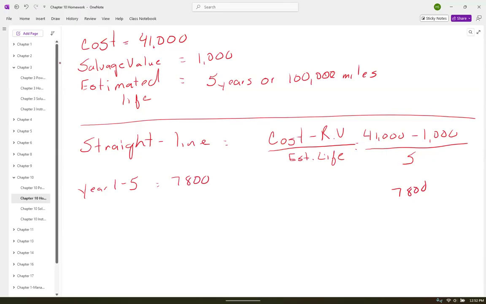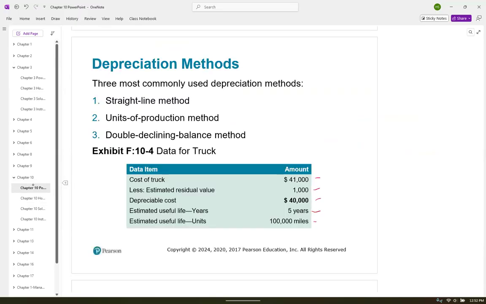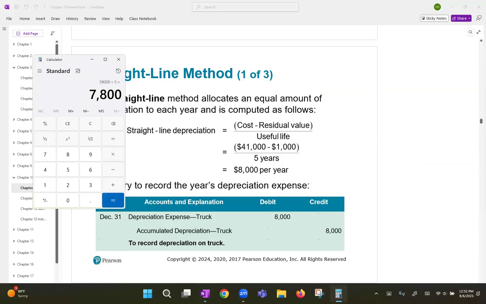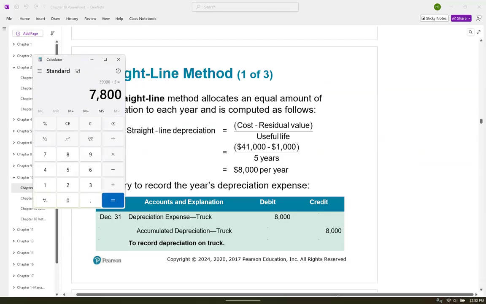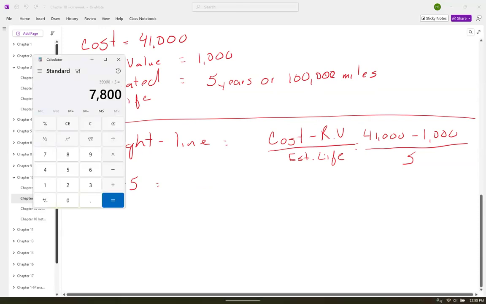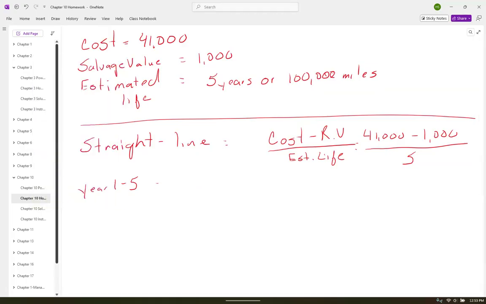They have a nicer little presentation. Oh, I did something wrong because it's not 7,800. I don't know what I did wrong. Oh, I took another 1,000 off. Let's go back and fix this because it looks like I can't do math. I just punched in the calculator wrong. I can do math. 41,000 minus 1,000 divided by 5. It's 8,000. Glad I jumped over there.